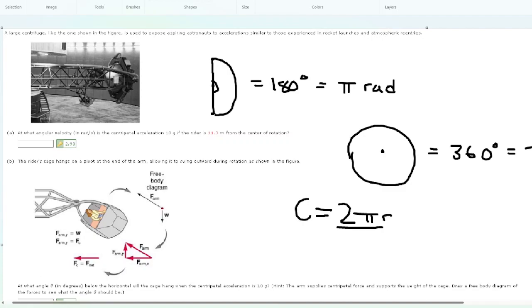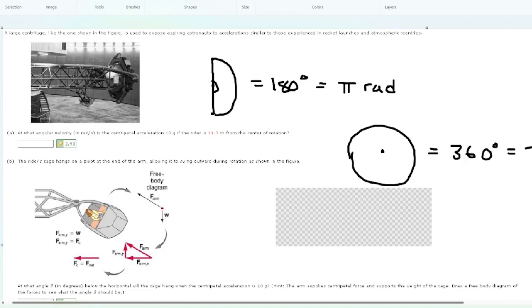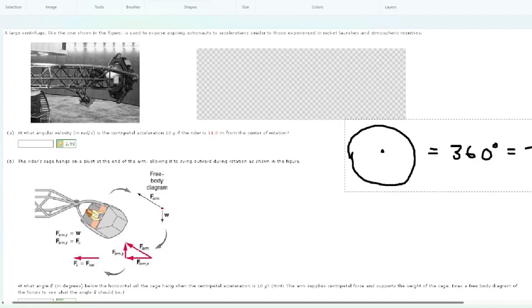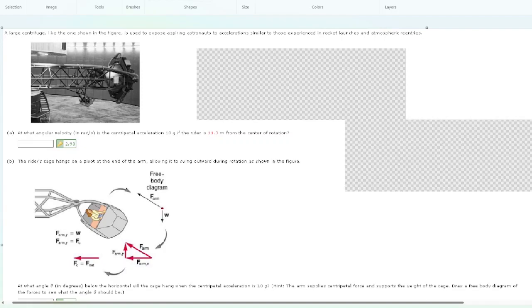So 2 pi multiples of radius. Half of this circle, which is going to be right here, is equal to pi radians. And hopefully that helps you understand the meaning of radians.